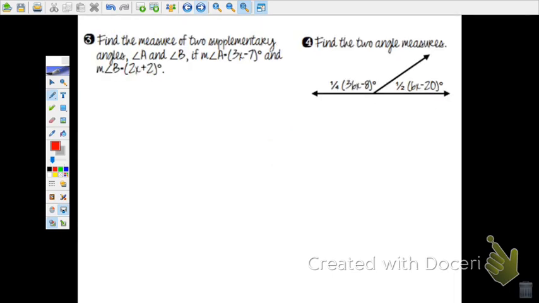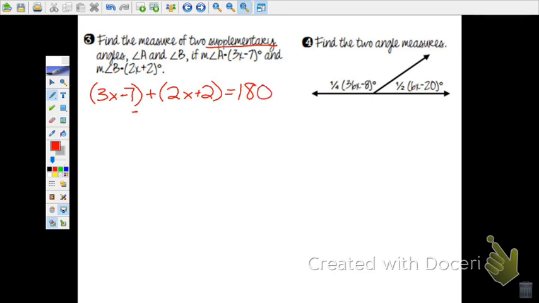Number 3 says to find the measure of 2 supplementary angles, A and B, if the measure of angle A is 3x minus 7 and angle B is 2x plus 2. So they're supplementary, which means they add together. So 3x minus 7 plus 2x plus 2 equals 180.